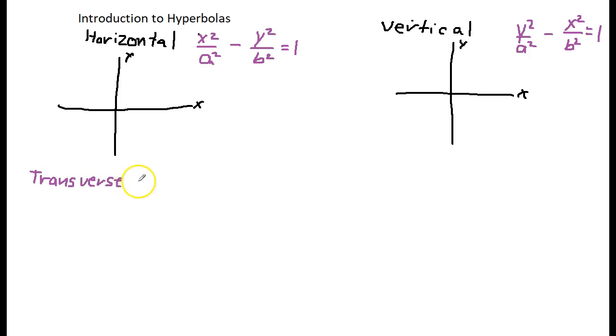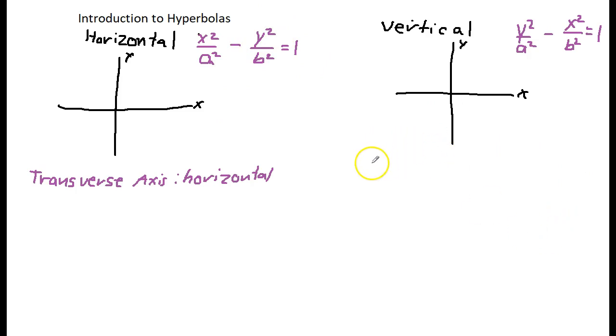So the transverse axis is horizontal. How do I know? Because the horizontal coordinate x is the one doing the subtracting, and the vertical coordinate y is the one being subtracted.